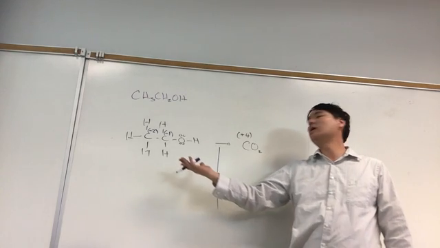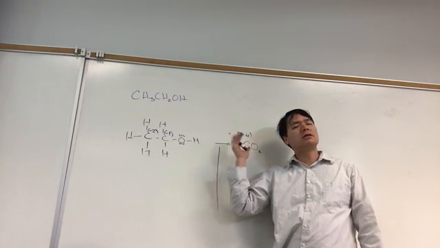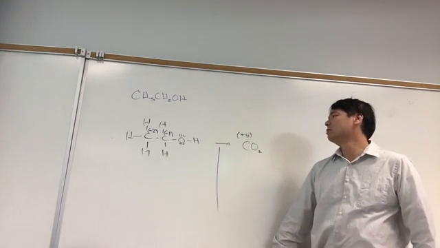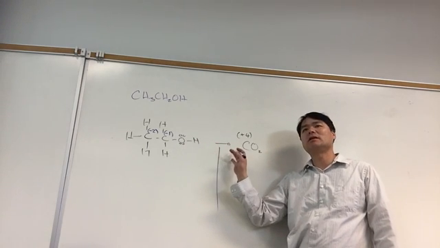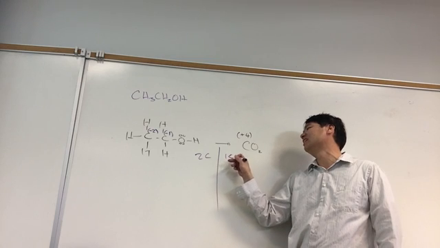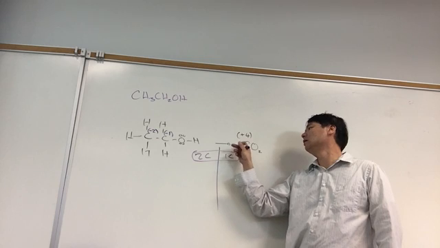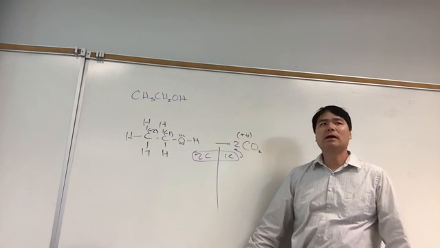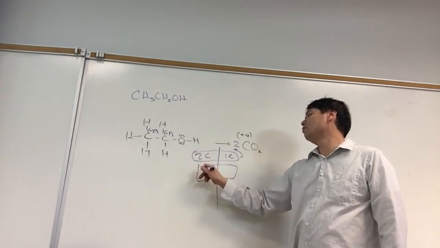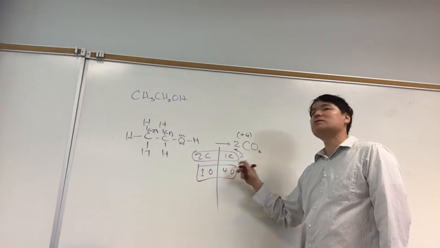A skeleton half reaction is where we have the major reactant and the major product. In skeleton half reactions, we always ignore water and hydrogen. So we balance out all elements other than hydrogen and oxygen. Over on this side we have 2 carbons, on this side we have 1 carbon. And so we balance it by multiplying by a coefficient. And then we balance the oxygens. We have 1 oxygen on the left and 4 oxygens on the right.